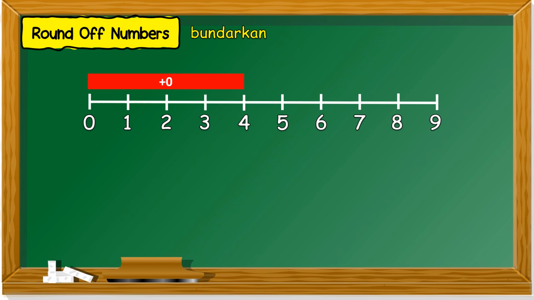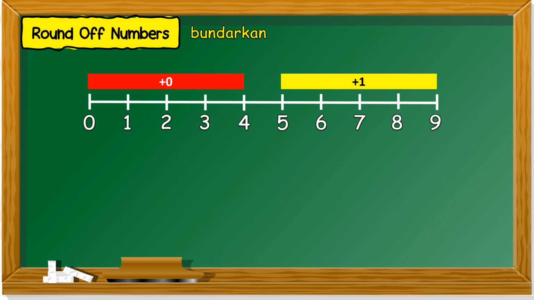If the friend on the right is 0, 1, 2, 3, or 4, we do not need to plus anything, plus 0. But if the friend on the right is 5 until 9, we plus 1 at the place value.